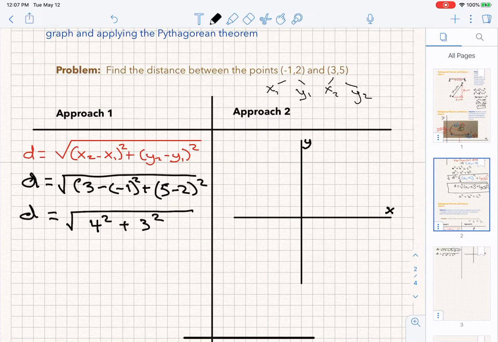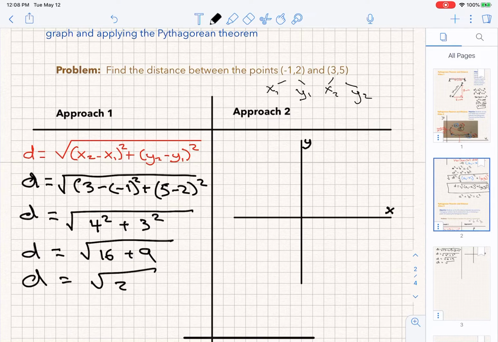And 4 times 4, of course, is 16, and 3 times 3 is 9, so this is 16 plus 9, d equals the square root of 25, which is 5. I always want to put units, so in this case it's 5 units.